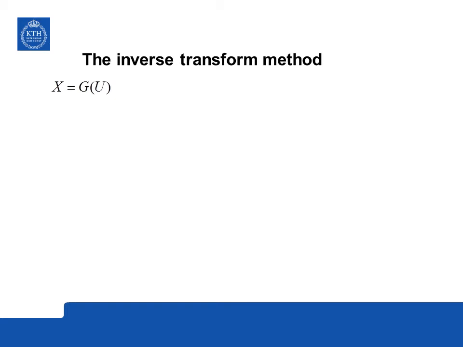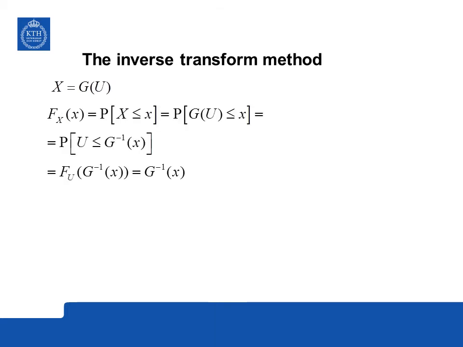Let's look at the distribution of X. This is the distribution function. By the definition of distribution functions, that's the probability that X is smaller or equal to small x. And if we plug in that X is equal to g of U, we get the next step.